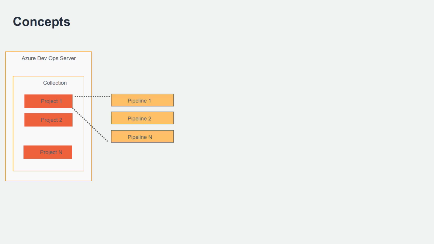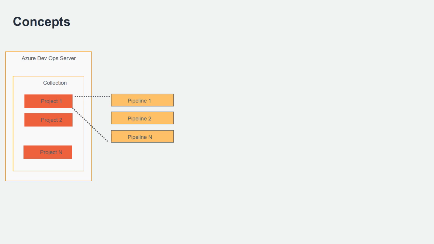A project can have multiple pipelines. One pipeline may be used to build 64-bit deployment. Another pipeline may be used to build, let's say, 32-bit builds. Another pipeline may be used to build production software. Another one may be used to build pre-production software.